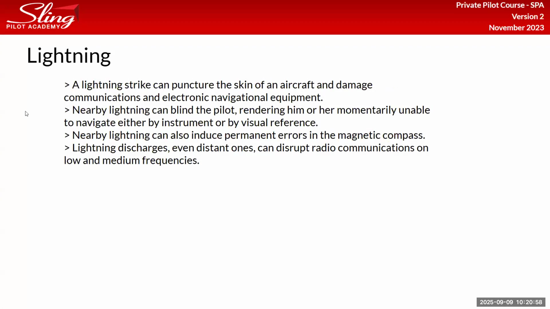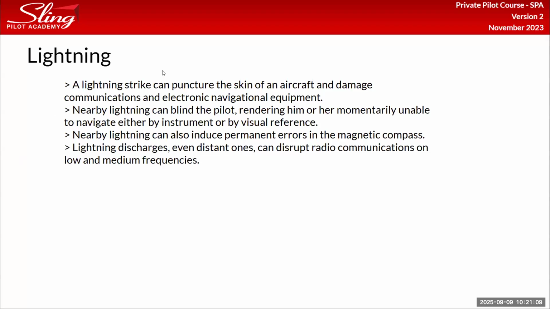Lightning. Yeah, lightning's not great for an aircraft. Obviously, we have a lot of navigational equipment. We run a basically fully electric system in the sling. Lightning can blind you from a distance if you look directly at it.